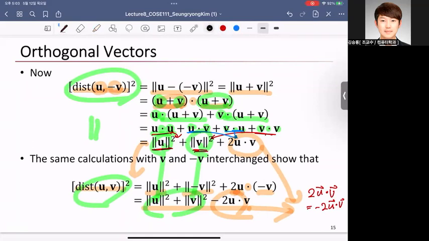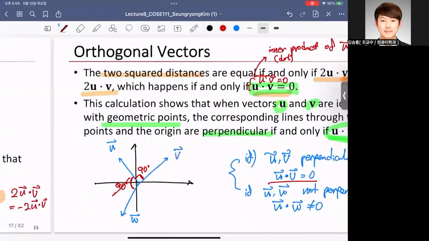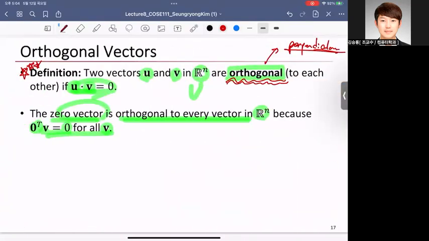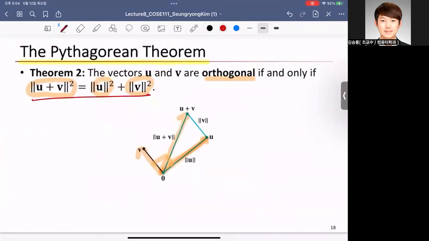So this one is U plus V: the squared length of U plus V is equal to the squared length of U plus the squared length of V plus 2 times U inner product V. But if U inner product V is equal to 0, then this one is going to be the Pythagoras theorem, right? Because if inner product U and V is equal to 0, then U and V are orthogonal. So you can easily prove the Pythagoras theorem.